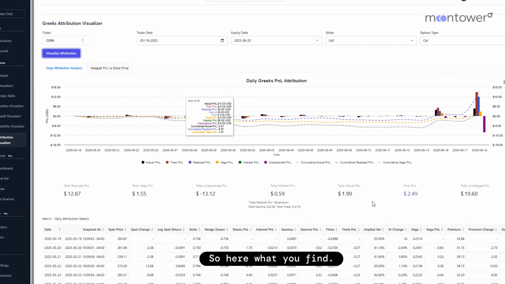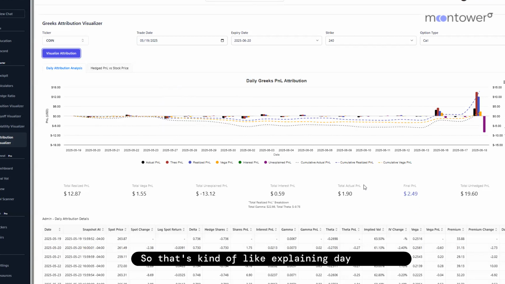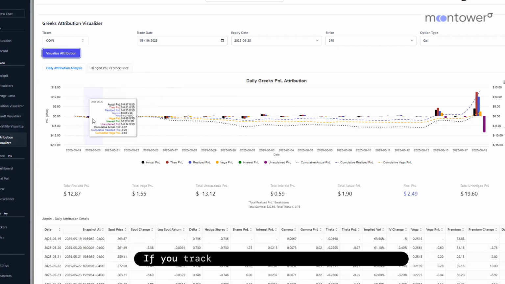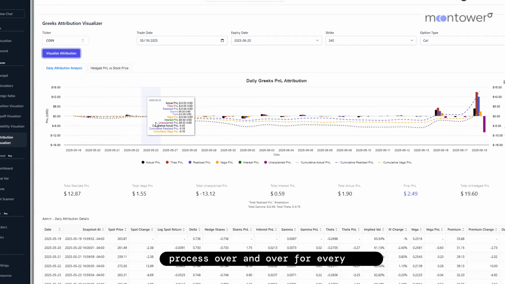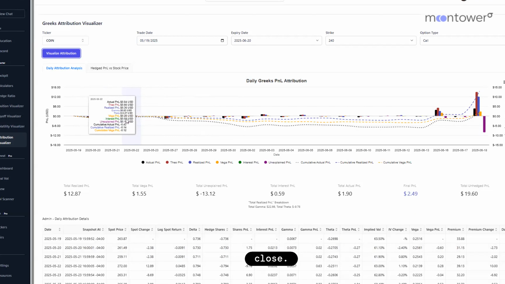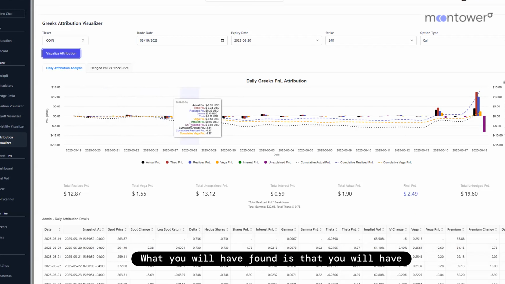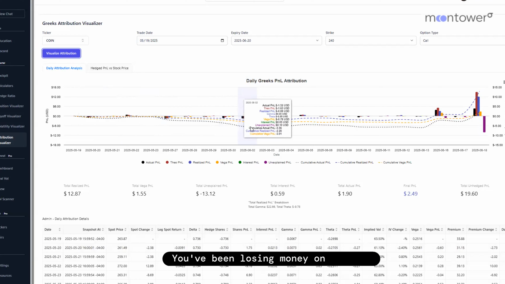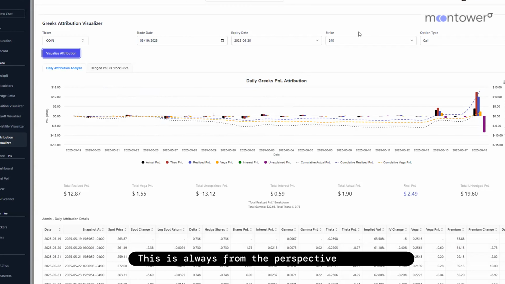That explains day over day how we're computing your P&L as it attributes to Greeks. If you track this every day, you just do that process over and over, hedging every day at the close. What you will have found is that you've been losing money owning this call and hedging it every day. This is always from the perspective of a buyer.